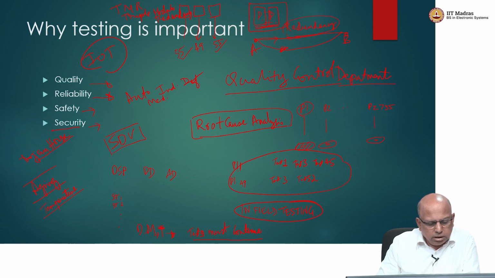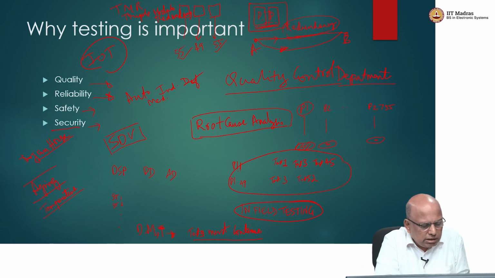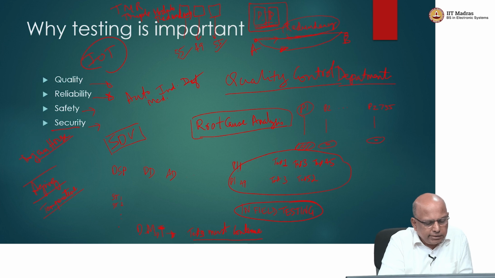That could cause a serious issue. That could result in accidents and things like that. So, the difference between safety and security is, in security it is intentionally being done. It is not something that happened because of aging or anything like that. It was intentionally planted. It was an attack.